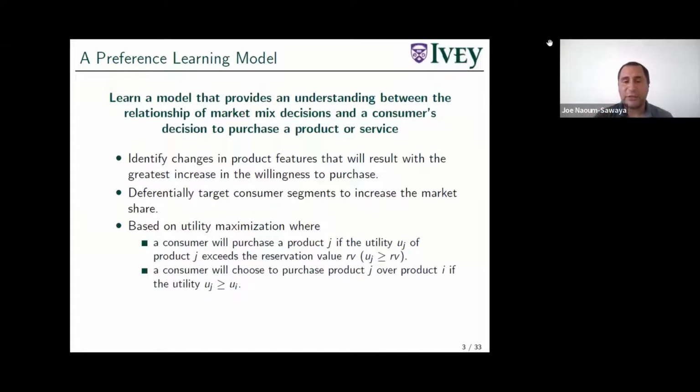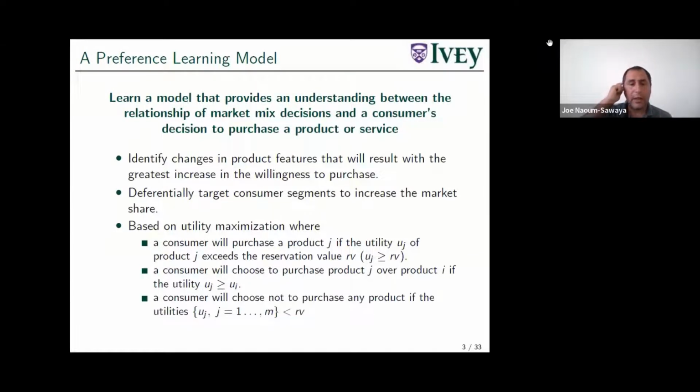The other assumption that we make is that when I'm comparing two different versions of the iPhone, I'm going to purchase the one that provides me with the higher utility as a consumer. I'm going to assume this is strictly enforced. So I purchase product J over product I if the utility of product J exceeds the utility of product I.